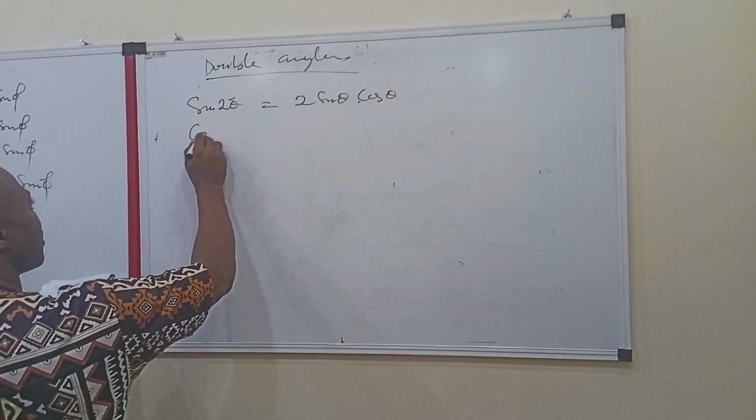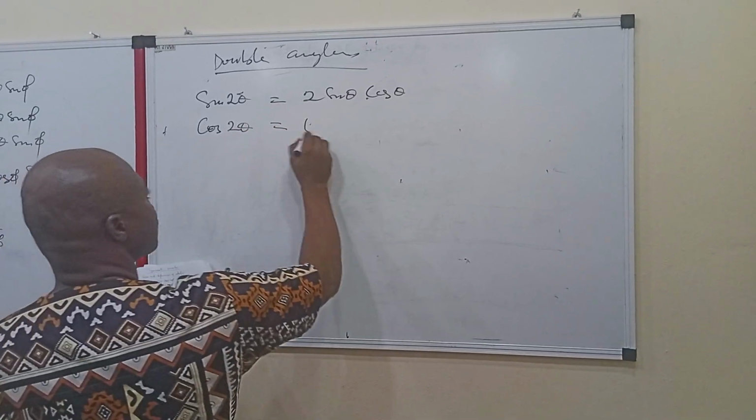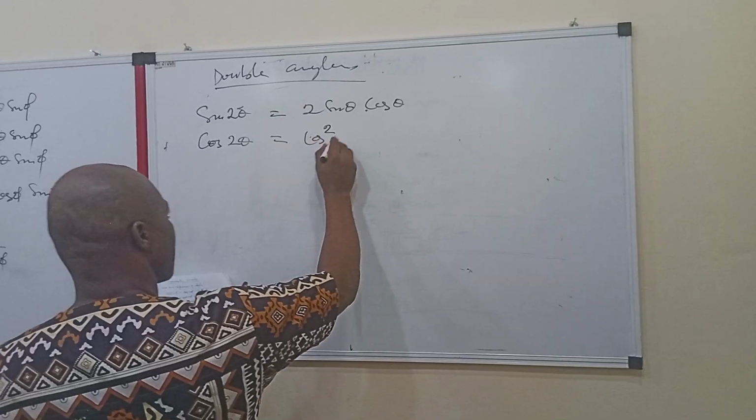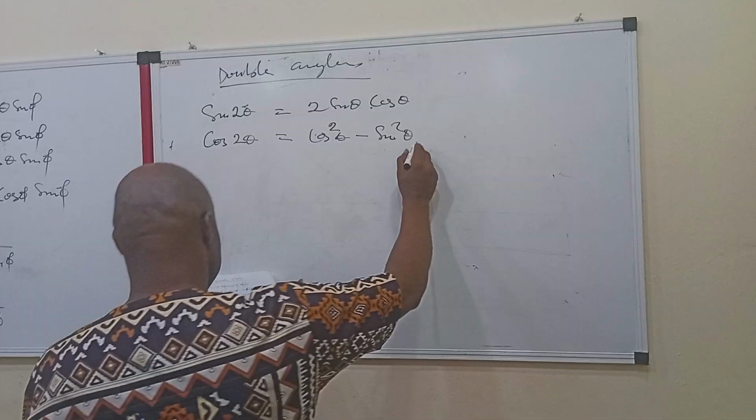Then cos 2 theta is equal to cos squared theta minus sine squared theta.